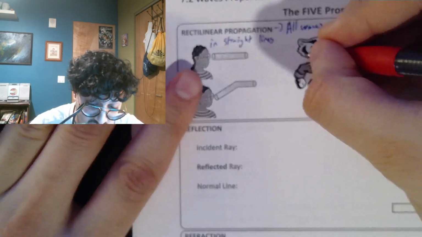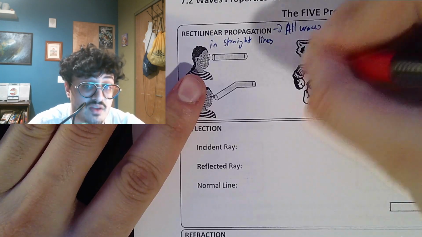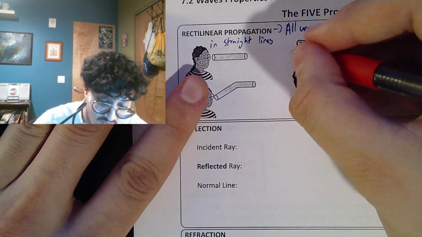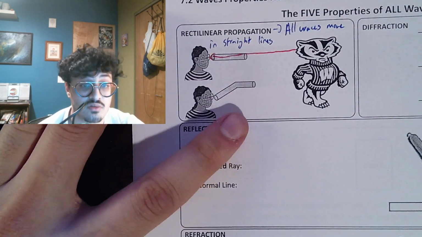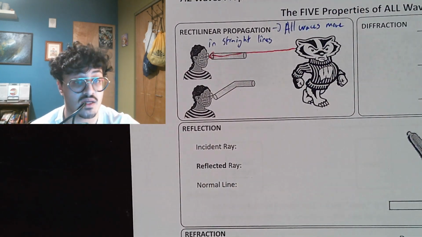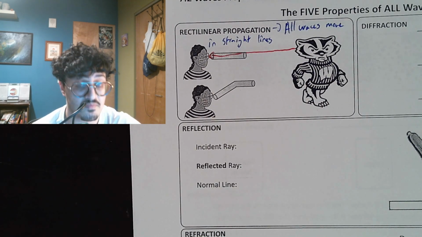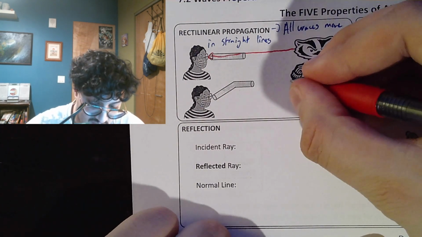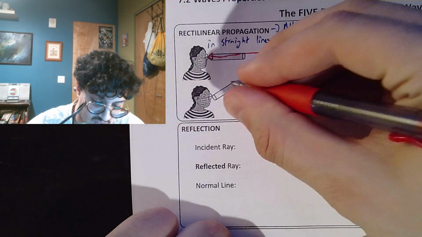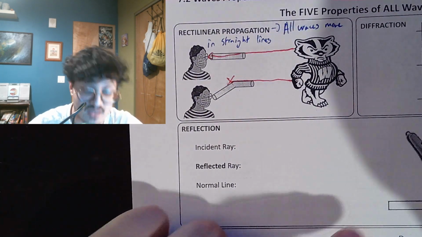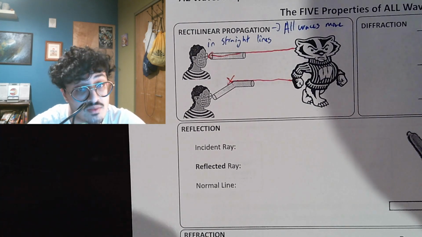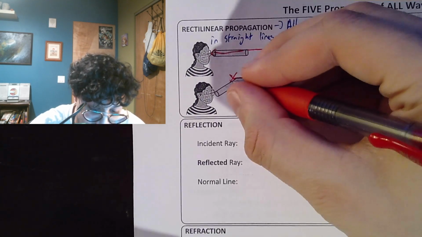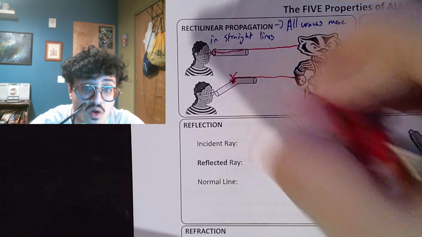In this specific case, you can take the light coming from Mr. Bucky Badger here. The light coming from Mr. Bucky Badger will reach this person because there's a straight line that connects Bucky Badger to this person. In this case, the light from Mr. Bucky Badger will hit right here, and the person will not be able to see Mr. Bucky Badger as the light gets stuck somewhere on this wall.